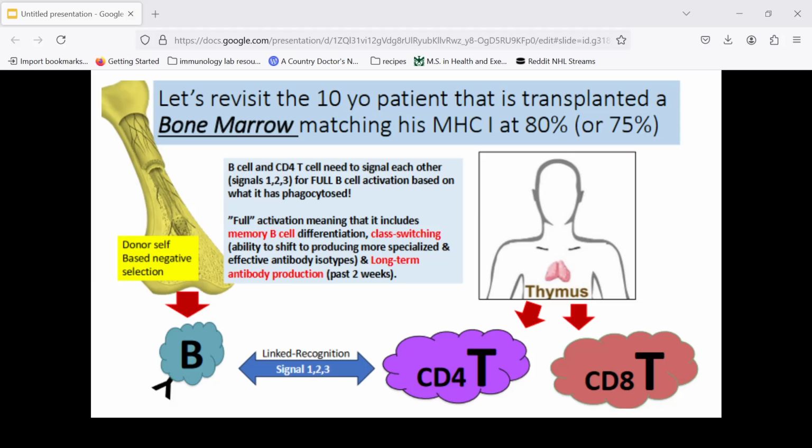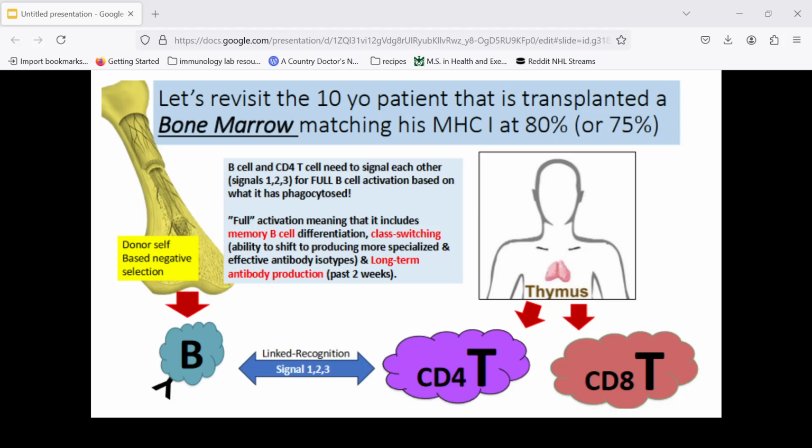If this patient is 10 years old, do they have a thymus still? Brilliant. Which means they are trained in our recipient thymus, which means that the self that they know is our recipient. So our T cells know our recipient, our B cells don't.